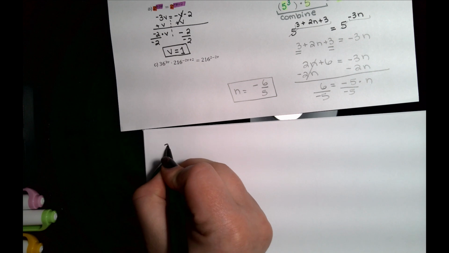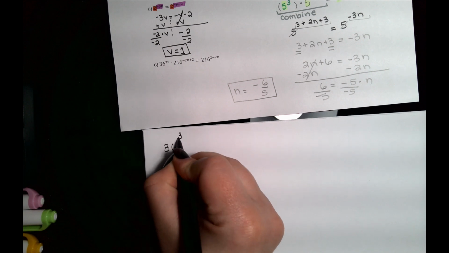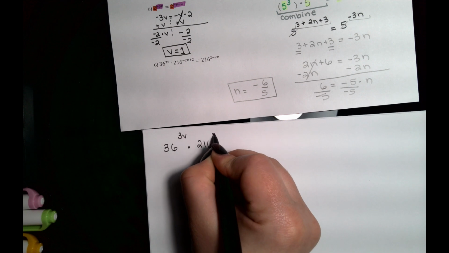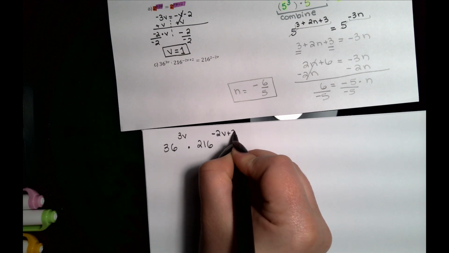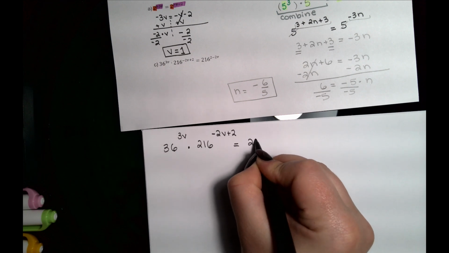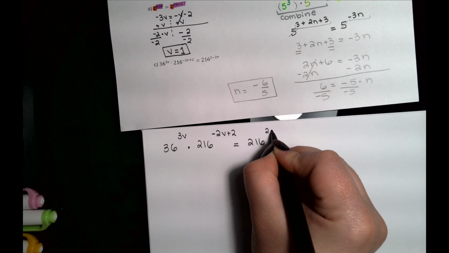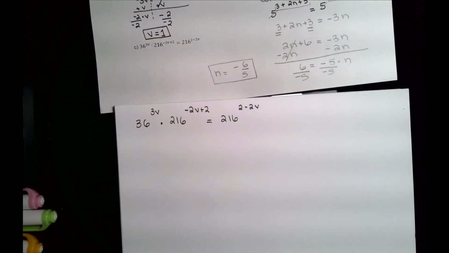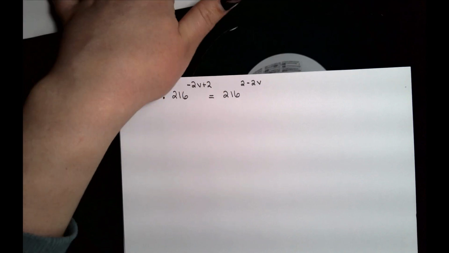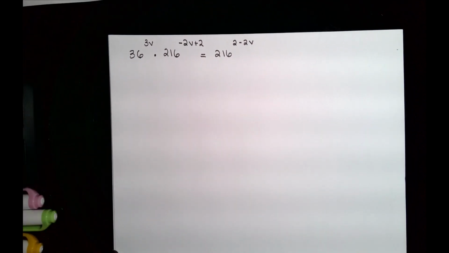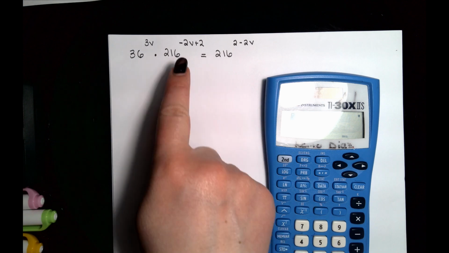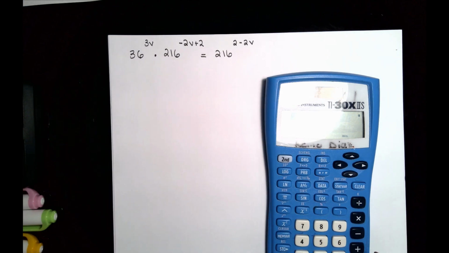We have 36 to the power of 3v times 216 to the power of negative 2v plus 2 is equal to 216 to the power of 2 minus 2v. Just like we did in B, this could be a level 3 or it could be a level 4, just depends if we can create 216 from a base of 36.